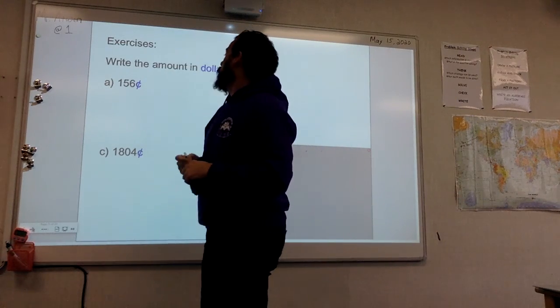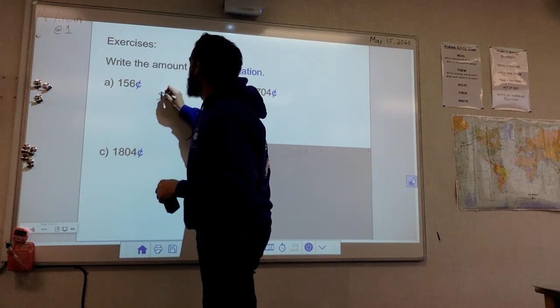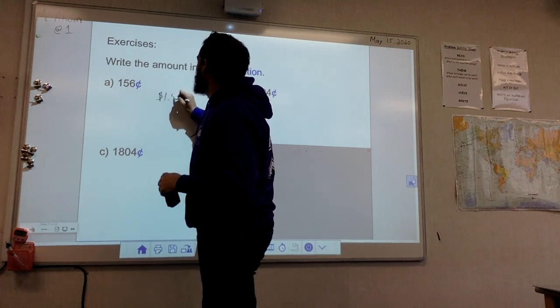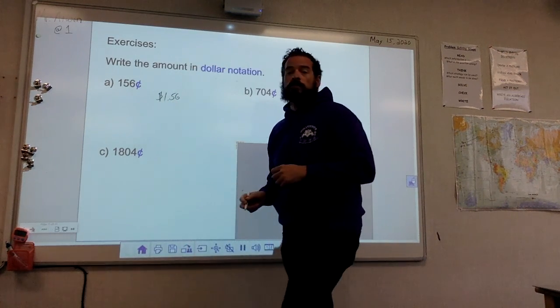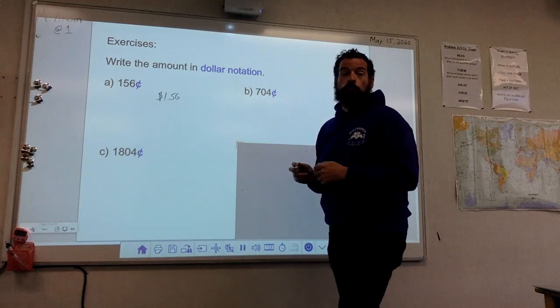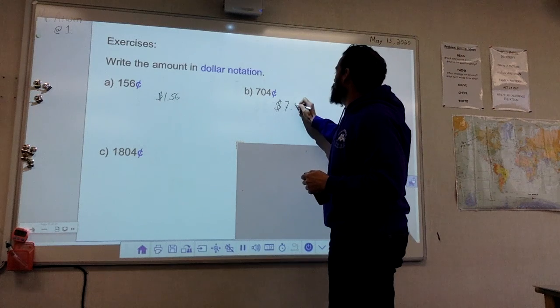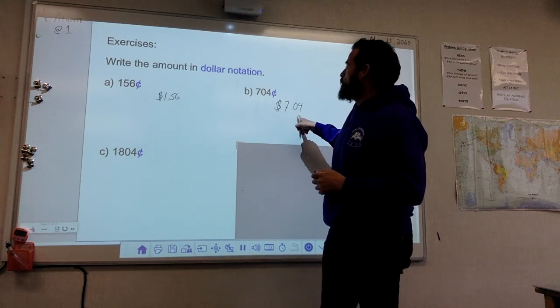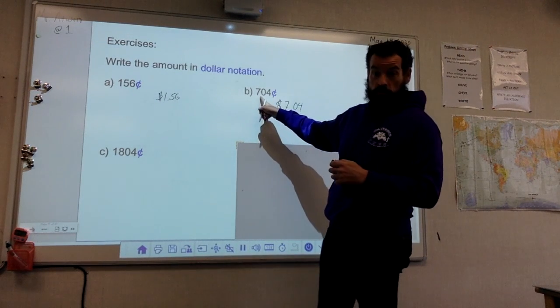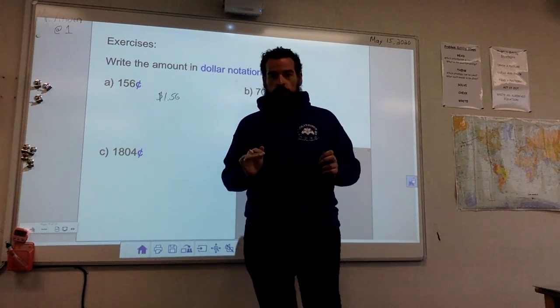So A, 156 cents, dollar sign, 1.56, so $1.56. 704 cents, dollar sign, 7.04, $7.04. Again, 2 digits to the right of the decimal, and you'll get it right every time.